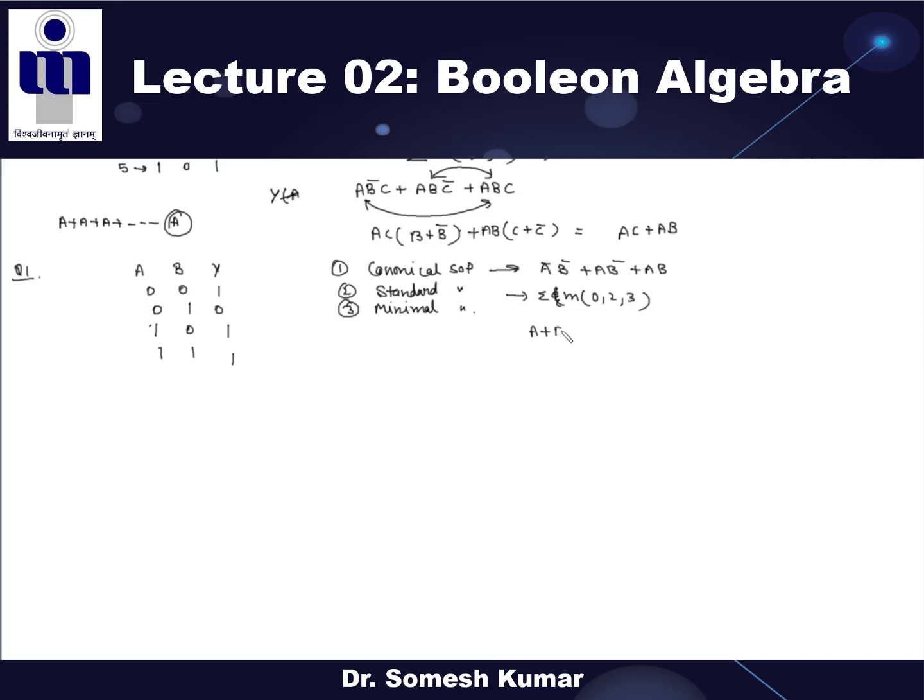If you solve this and convert it to minimal SOP form, your answer will be A plus B bar. This expression A plus B bar is called the implication function, or the implication gate. How can we represent this A plus B bar in the form of a gate?